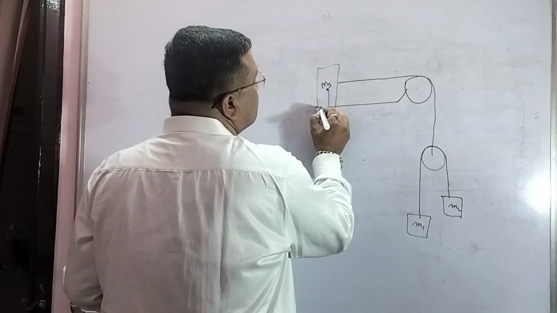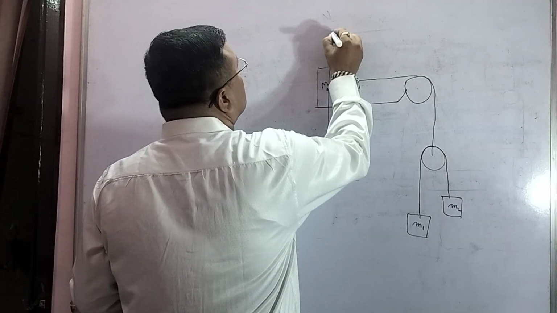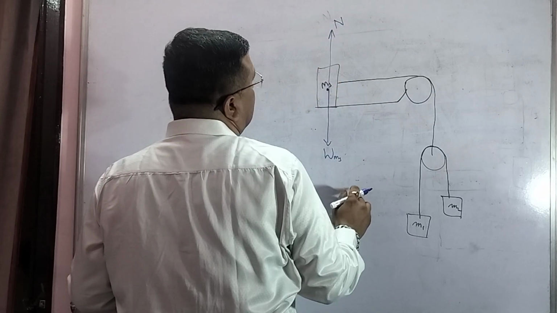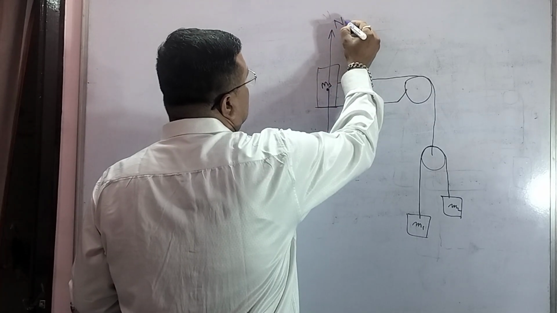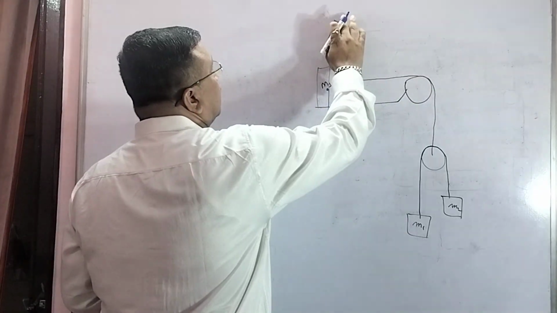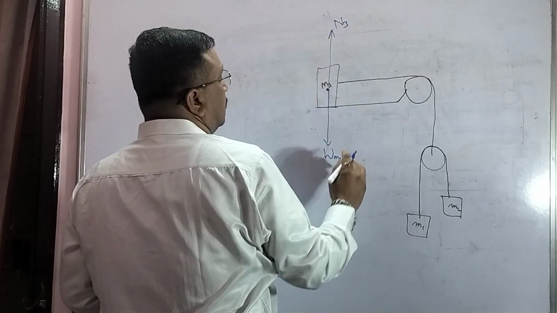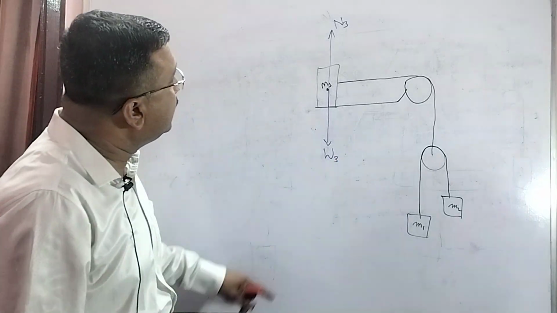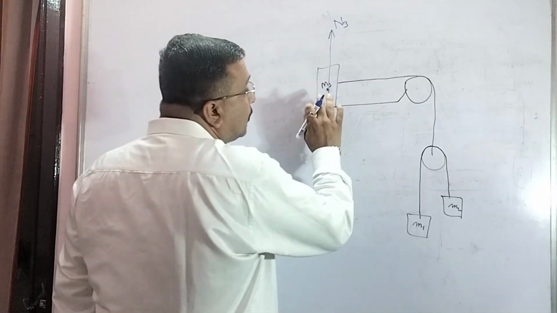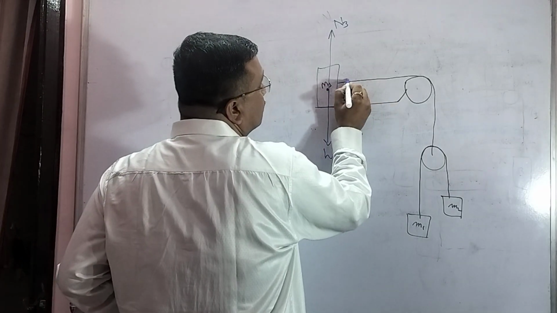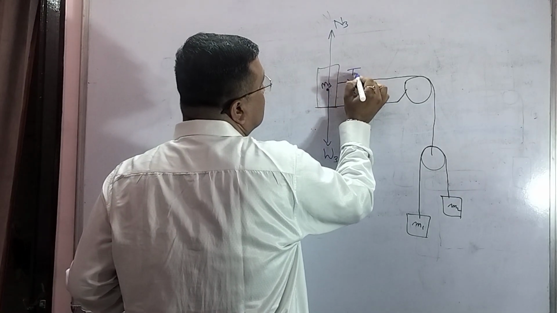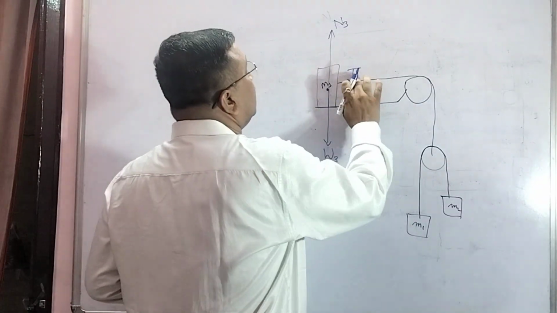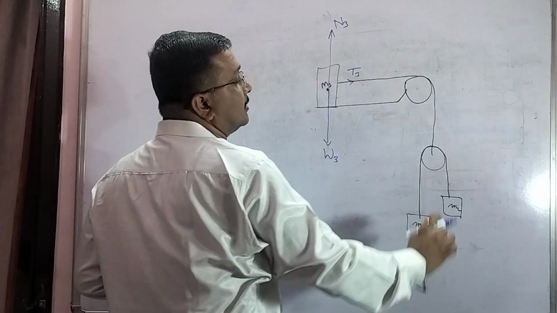It is placed on this surface, so this surface will apply the force of normal reaction in upward direction, and this block is connected to this string, so this T3 will be applied in this direction.